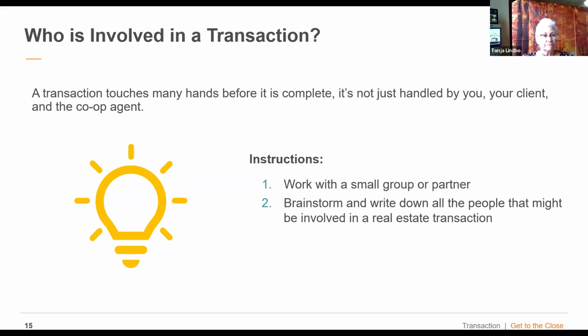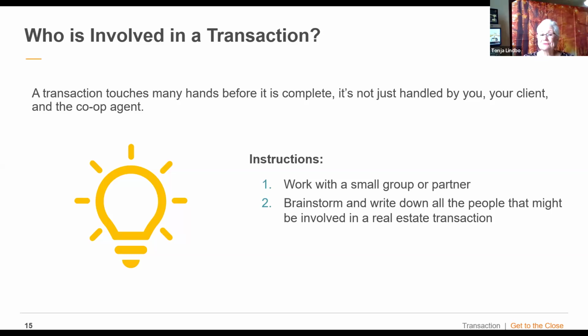The other agent. You will be dealing with the title company and all the people that are part of that escrow team. You're going to be dealing with inspectors, and you're also going to be dealing with contractors. Appraisers.